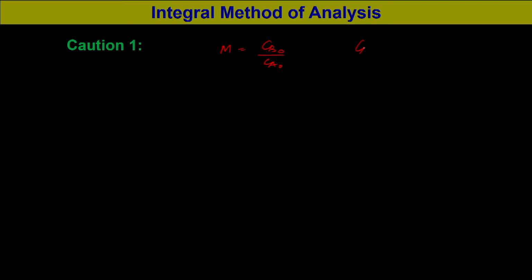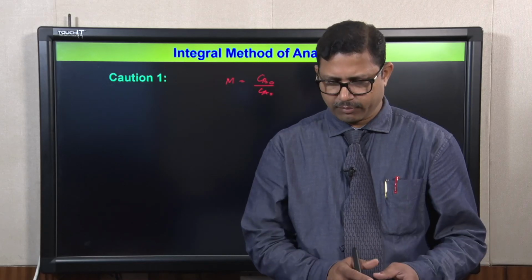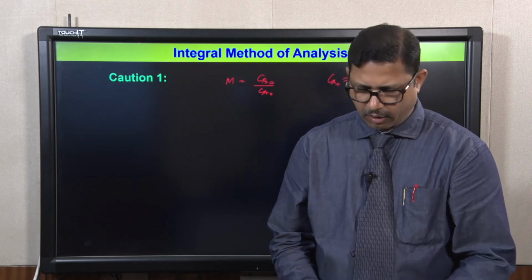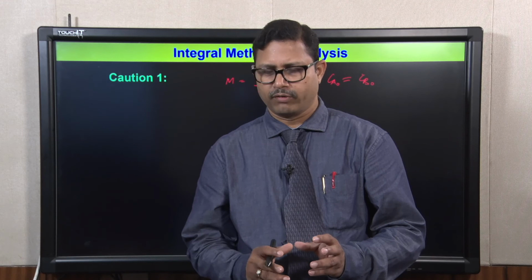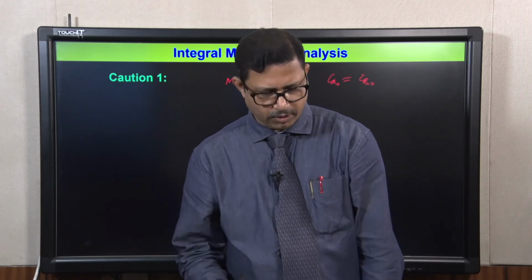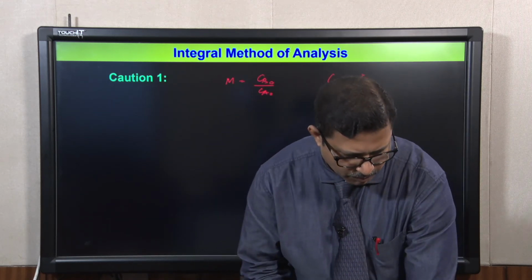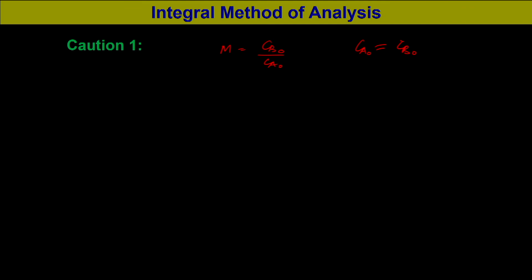If Ca naught is equal to Cb naught, that is stoichiometric amount, then m is equal to 1, and the treatment which we have done before is not valid. Or if the reaction involves 2 moles of A reacting and producing some products, it will be treated in a different way.